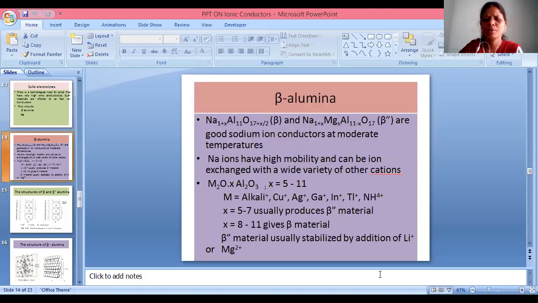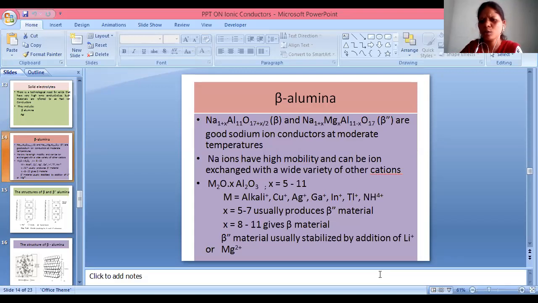In beta alumina, you can see sodium aluminum oxide, which is non-stoichiometric. Another one is sodium along with magnesium. These are the two isomeric forms; beta alumina exists in two forms, beta and beta double dash.